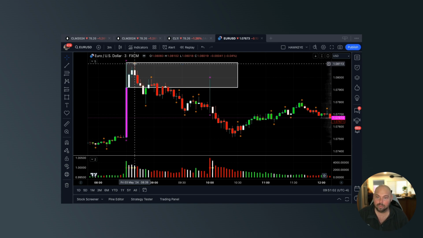So if I believe that the buyers have been absorbed based upon what the volume and price action is telling me, where am I looking to try to fade this or get short? I want to try to get short as close as I possibly can to the top of this wick, because I'm then taking the very least amount of risk.